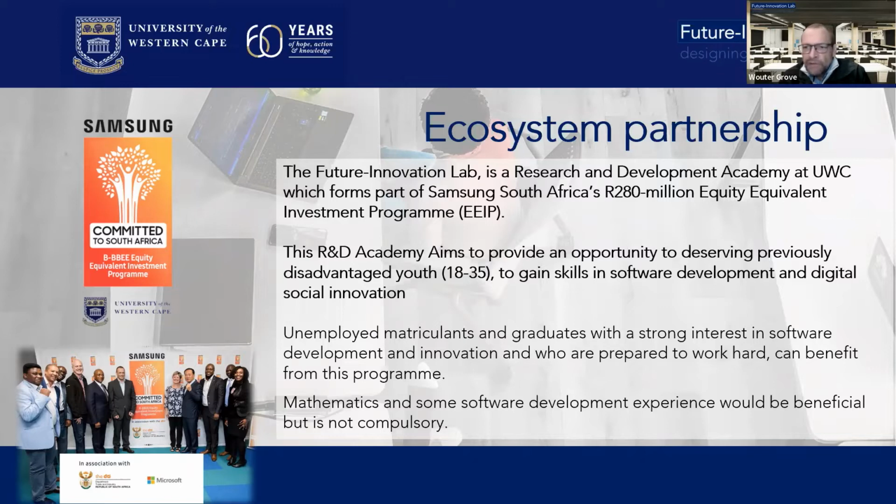It's a government-funded structure, and through quite an innovative funding mechanism it has enabled us to reach people and graduates who would otherwise not have access to higher education. And in this program, even though we're developing software developers, we are not solely focused on things like mathematics and previous software development experience.